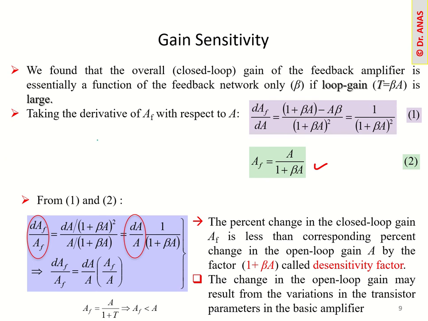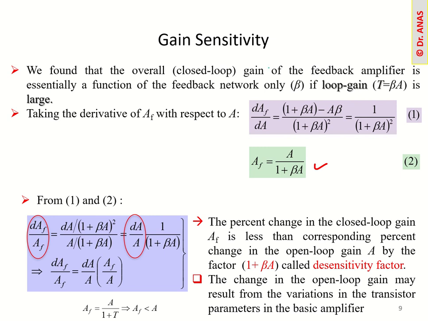The other thing, which is basically an advantage of the feedback network, is gain sensitivity. Basically we are trying to find out how much change in the gain will occur with the feedback network. We know that the overall closed loop gain of the feedback amplifier only depends on the feedback network.